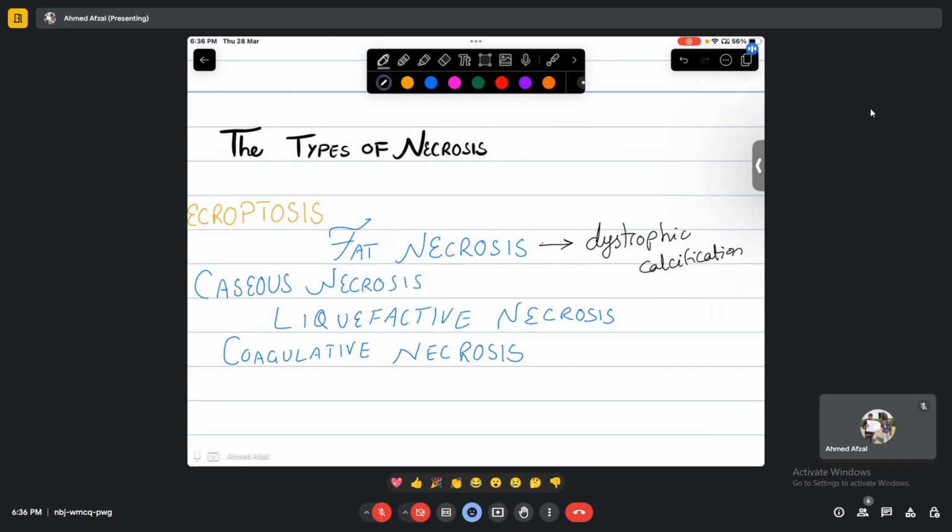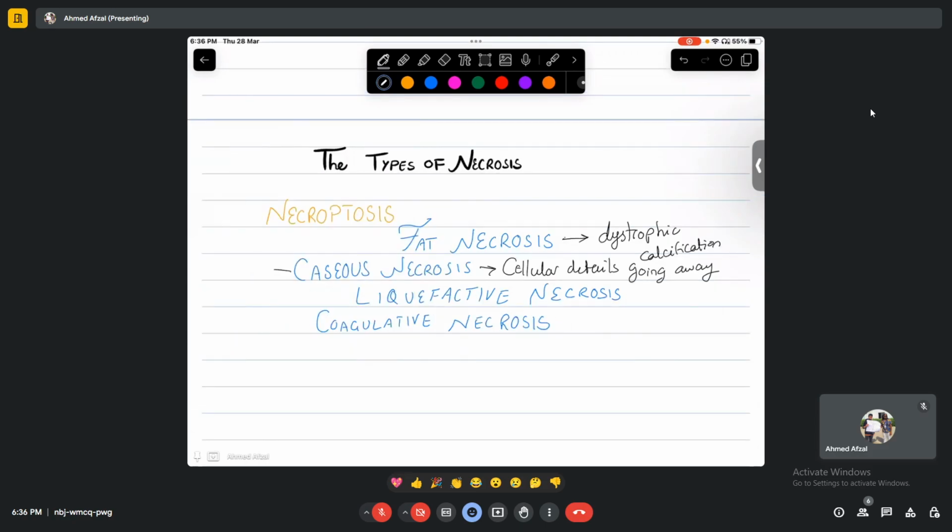So what is caseous? This is basically the cellular details going away. Okay, what do you mean by that? That cysteine and aspartate and proteases.